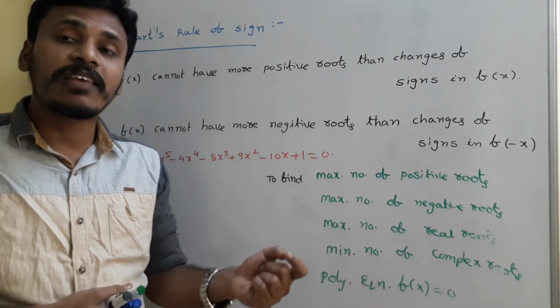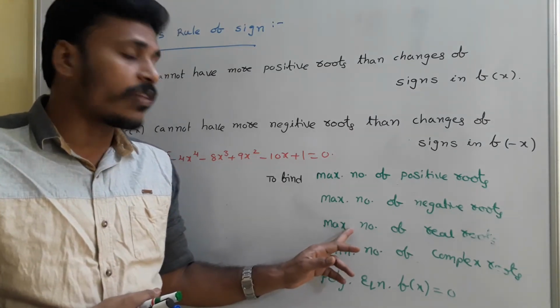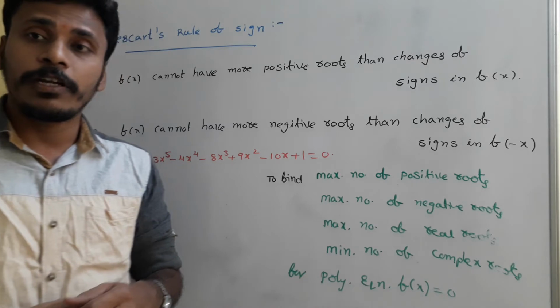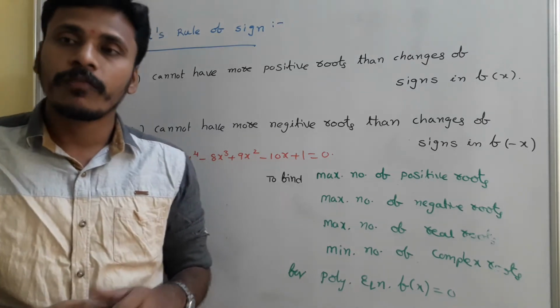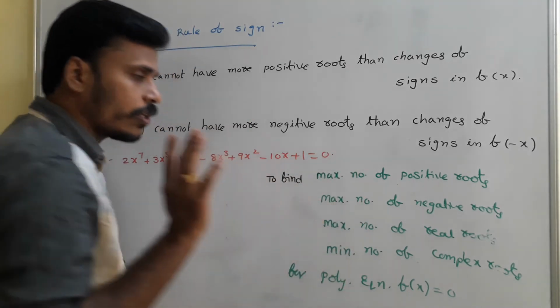We are just giving the maximum number, and with the help of that, you will easily mention the minimum number of complex roots also for the polynomial equation. So this Descartes rule of sign helps us to decide all these things.